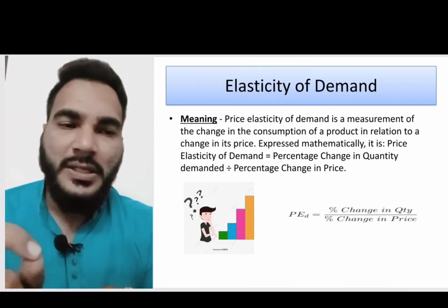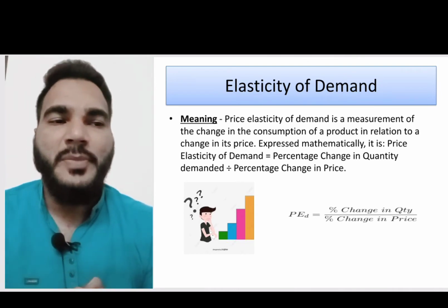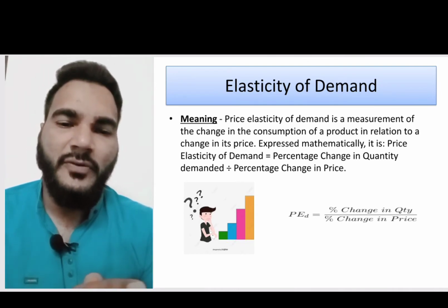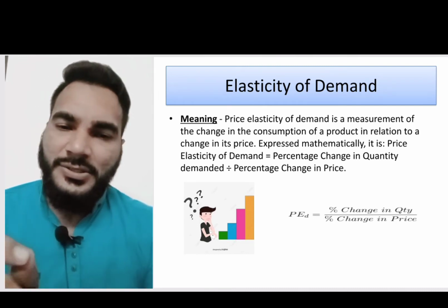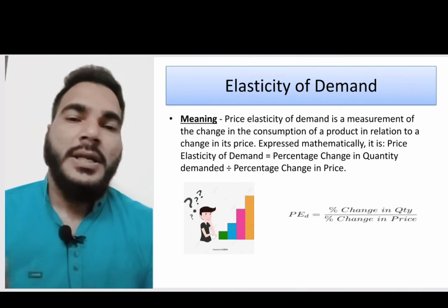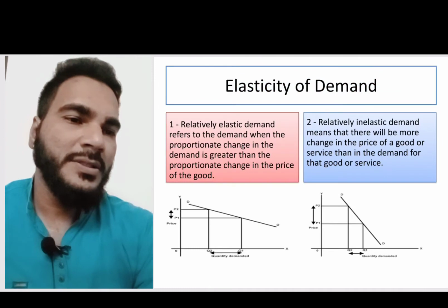So we will learn the same. If we talk about the formula, how to find the elasticity of demand, we have one formula: percentage change in quantity divided by percentage change in price. Okay, let us move on to the second slide.